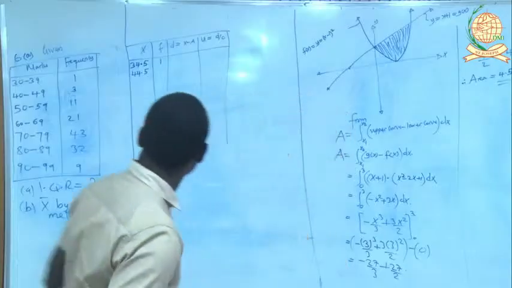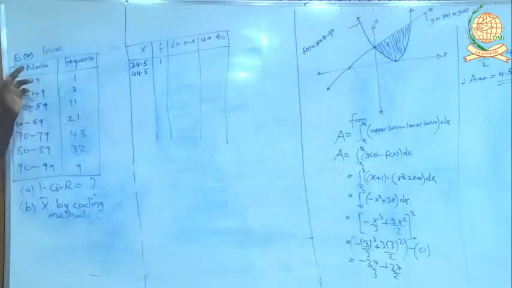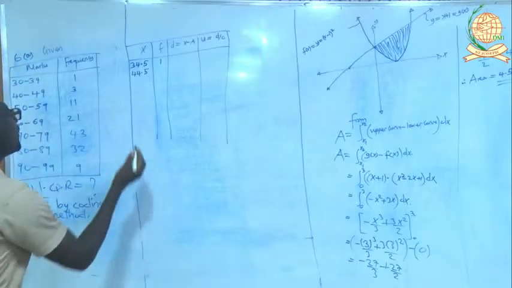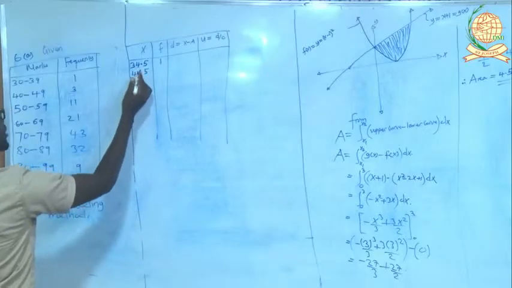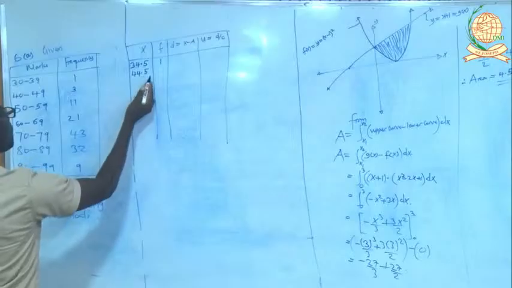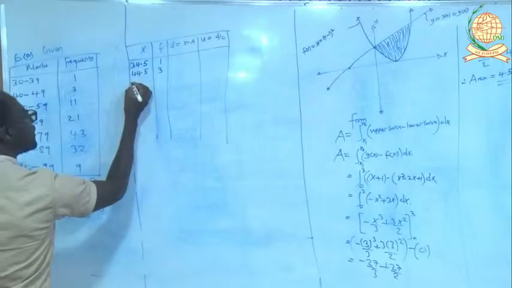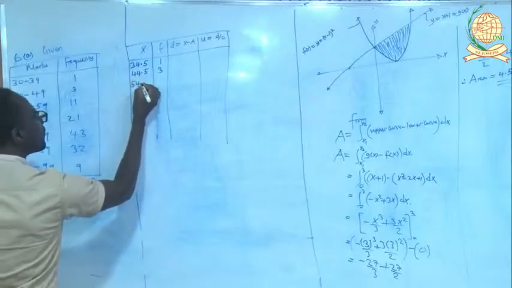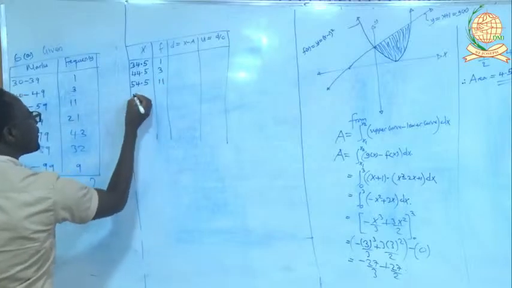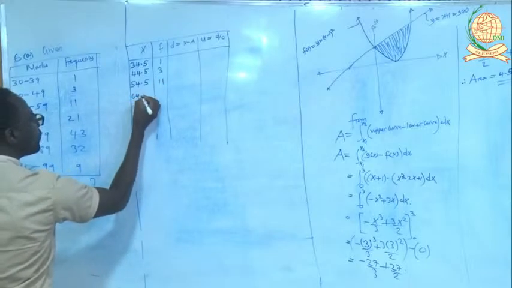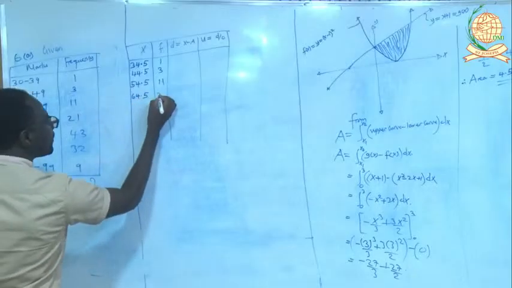For this one to be simple, find the class size. 49 minus 39 is equal to 10, so keep adding 10. The first one, 34.5, its frequency is 1. The second one, if you add 10, you get 44.5, and its frequency is 3. Add 10, we get 54.5. The frequency is 11. Add 10, you get 64.5, the frequency is 21.